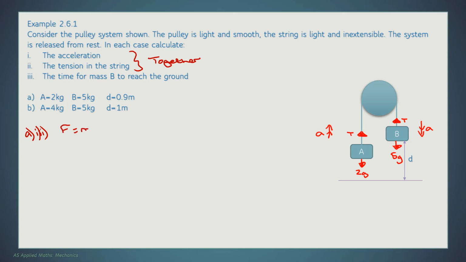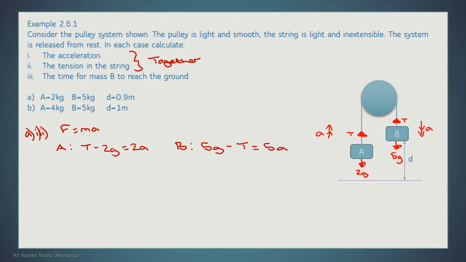Using Newton's second law of motion, I'm going to look at F equals ma on particle A. It is moving upwards, so we've got T take away 2g is equal to mass times acceleration. For particle B, which is moving downwards, its leading force is 5g, and then the one against motion is tension, so that's take away T, is equal to 5a, mass times acceleration.